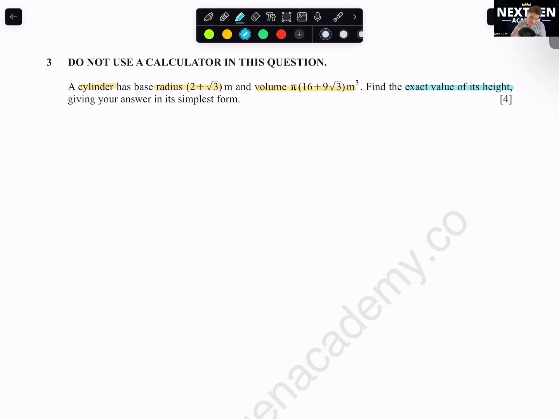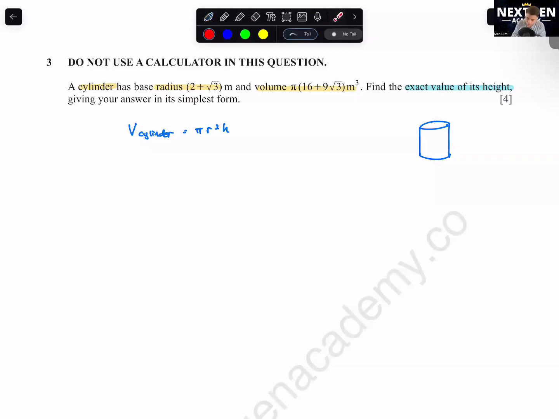Okay, let's write down the cylinder first. Volume of cylinder. From mathematics, you should know that the volume of a cylinder is πr²h.